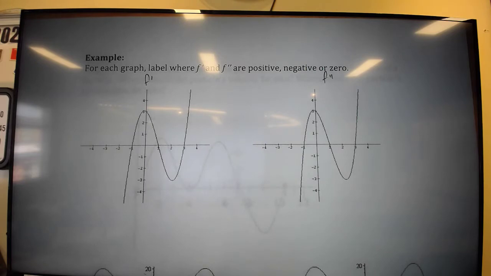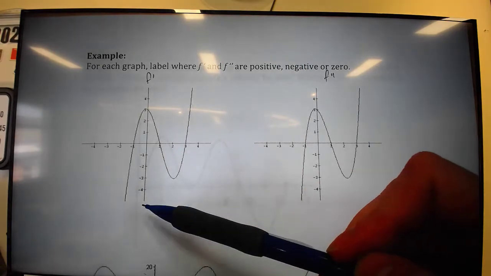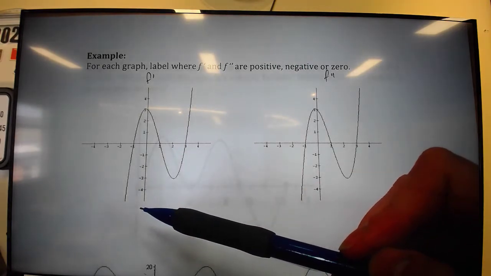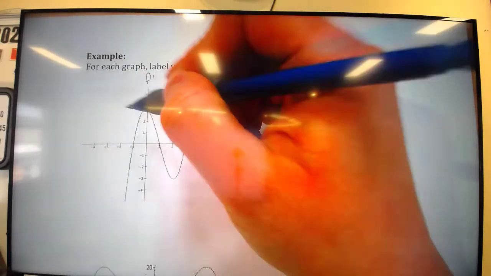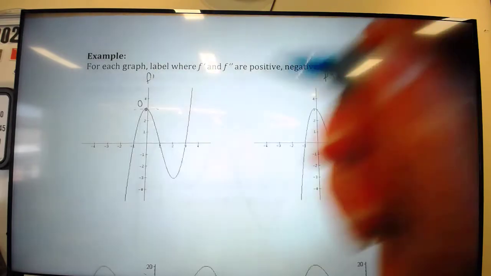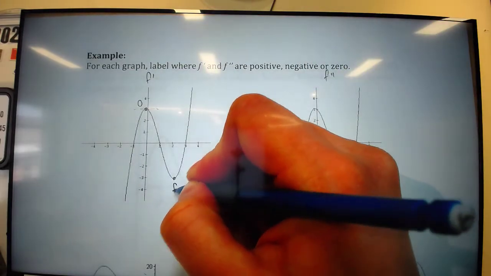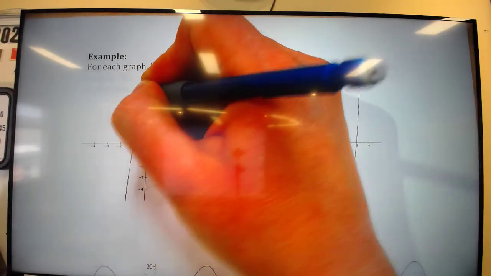So we are going to look at, okay, what do we know about where the first derivative of this function is going to be equal to zero, positive, or negative? We know that if we have a max or a min, we're going to have a zero, right? F prime at these 2 points is going to be equal to 0.